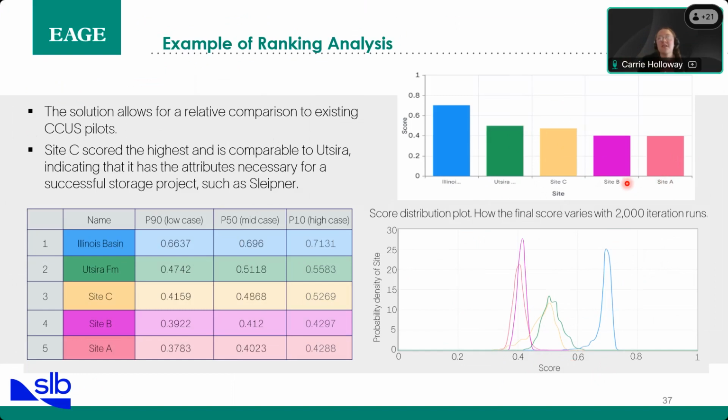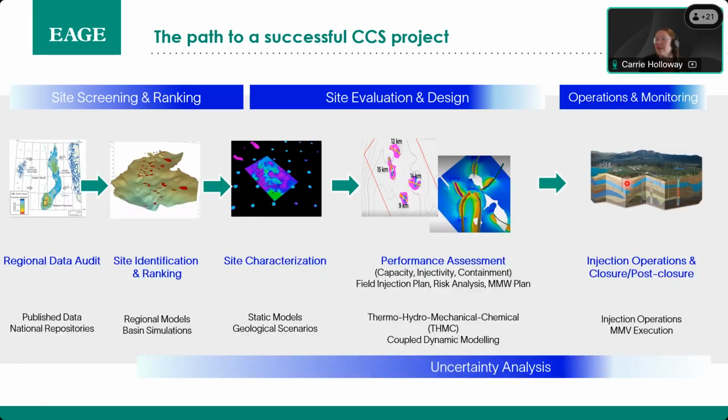So by doing this type of ranking, we can confirm that site C would be geologically and well, technically and non-technically the best site to pursue in the region for CCS.